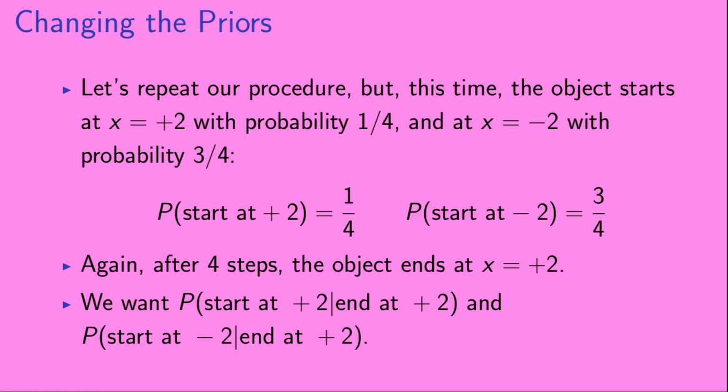Again, after 4 steps, the object ends at x equals plus 2. And we want to get the probability that the object started at plus 2, given that it ended at plus 2, and the probability that it started at minus 2, given that it ended at plus 2. Just like before.